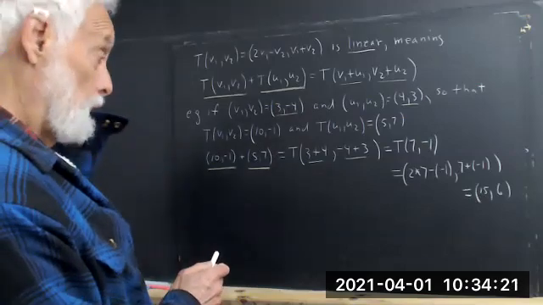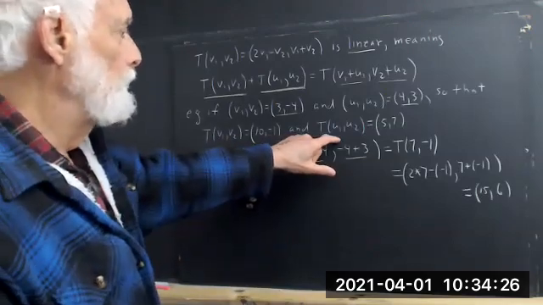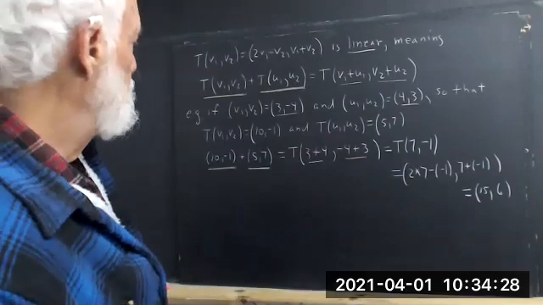And I probably should have noted that T of V1, V2 equals this. T of U1, U2 equals this.